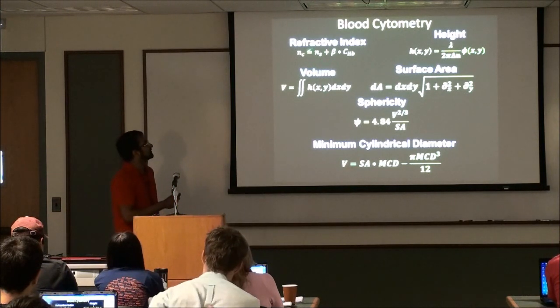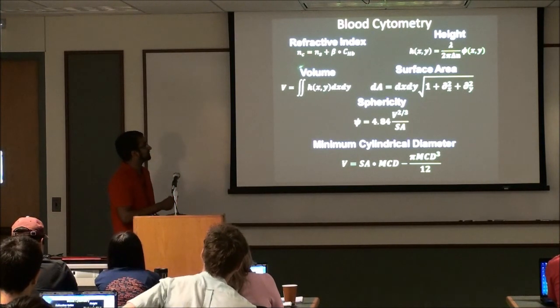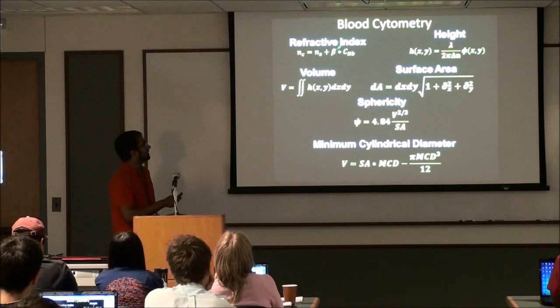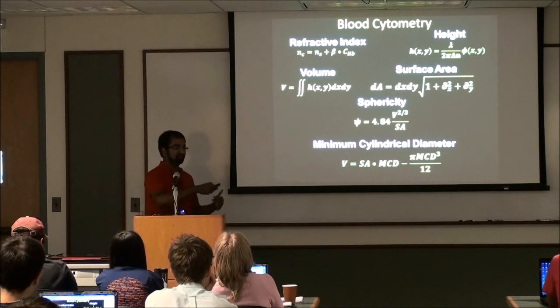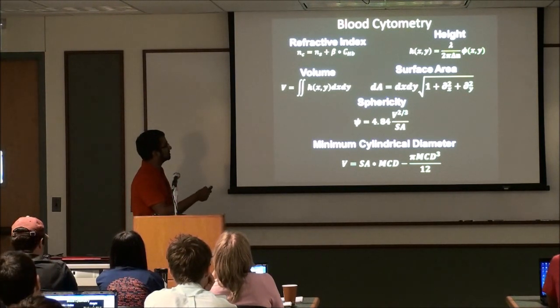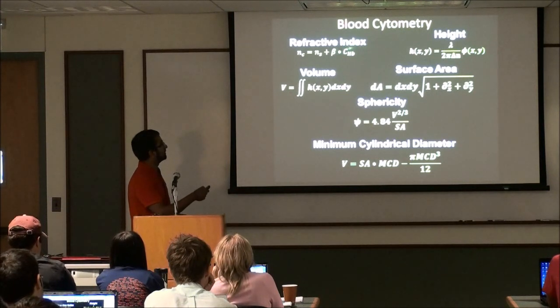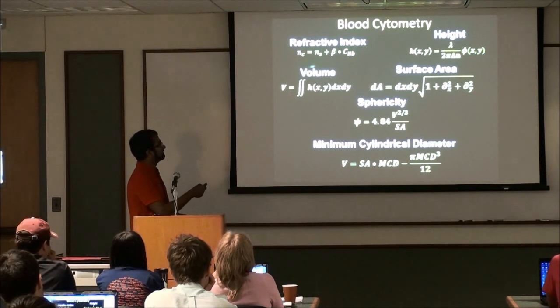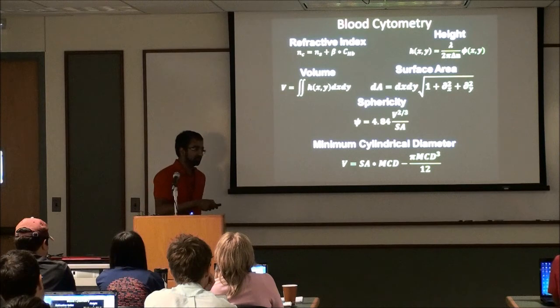You can approximate the refractive index inside the cell as this refractive increment constant called beta, which tells you how the refractive index changes given the concentration of a protein, in this case hemoglobin, plus the refractive index of the cytoplasm.